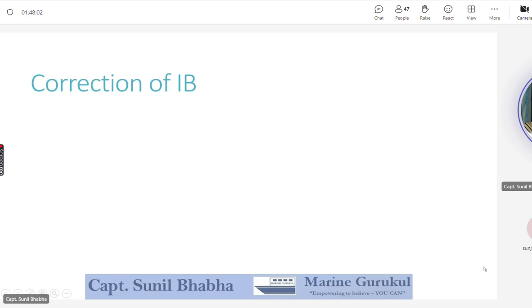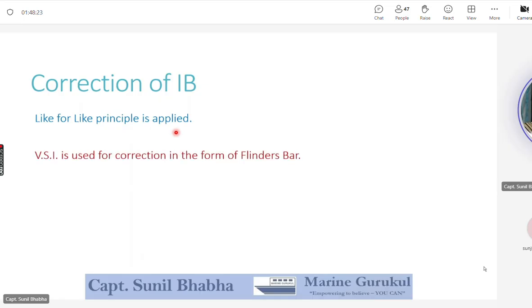Let's now discuss the correction procedure, the concept behind the correction of induced B. We use like cures like principle. That means permanent deviation is corrected using a permanent magnet. Induced deviation is corrected using an induced magnet. Now, since this induced B is generated because of magnetism in the vertical soft iron, we will use the soft iron for correction of IB.